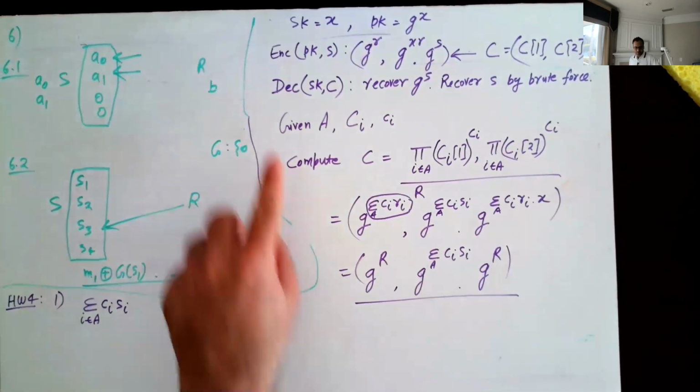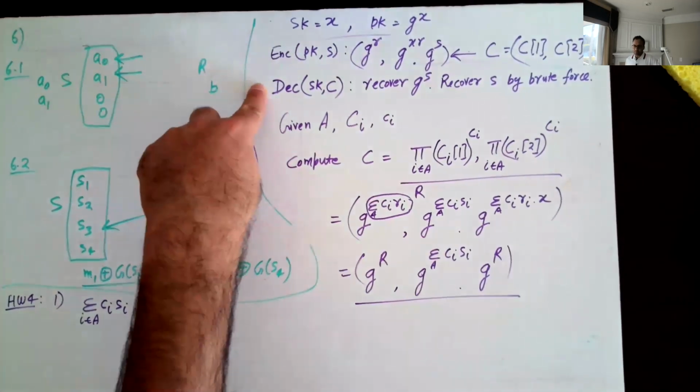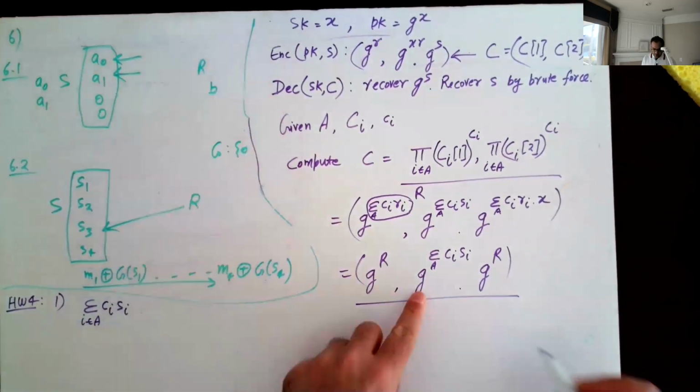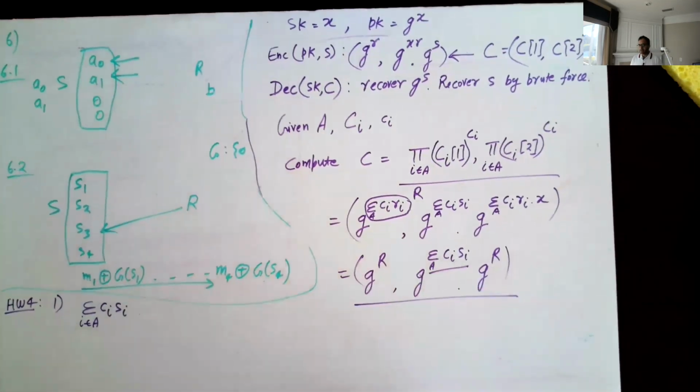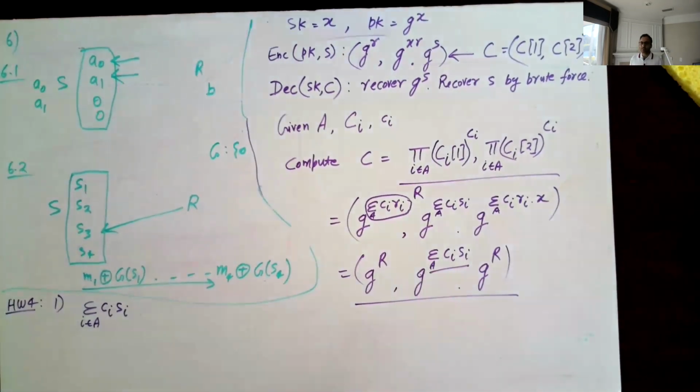And again, we can just use the decryption procedure to decrypt it. This value is also guaranteed to be small. Constant times constant is always a constant.